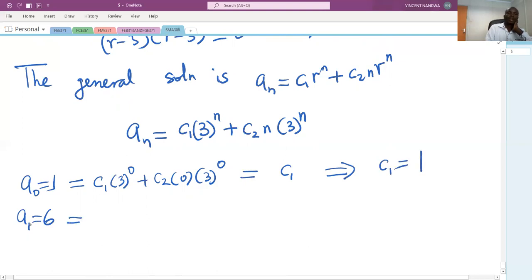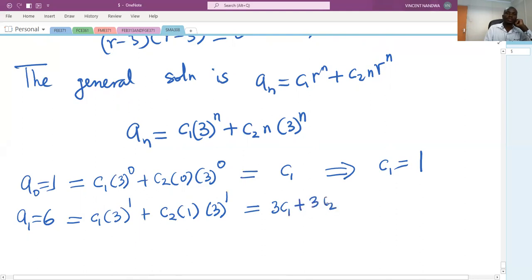And then a1 means the value of n is 1. So put 1 here. So c1 into 3 power 1 plus c2 times 1 times 3 raised to power 1. This will be 3c1 plus 3c2.